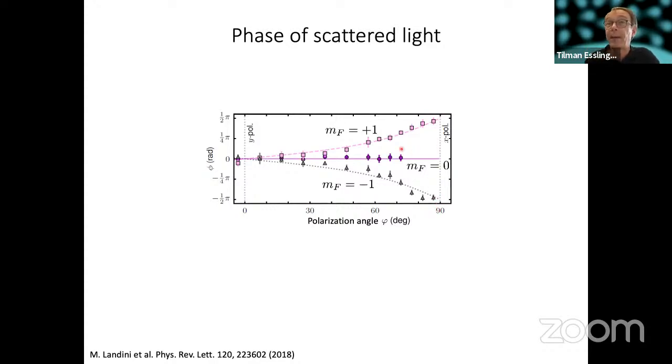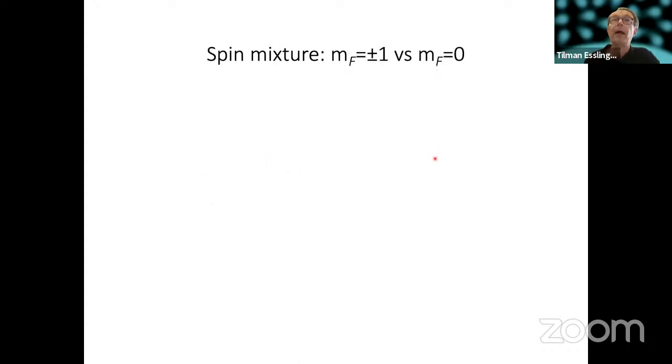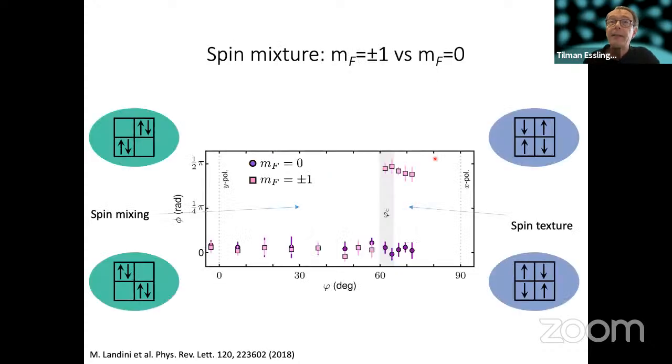And of course, for mF equals 0, we can no longer measure because there's no light coming out, because there was no self-organization. You can also do that in a spin mixture. Let's focus on the spin mixture of mF equal +1 and -1. And then you get a phase diagram shown like here.